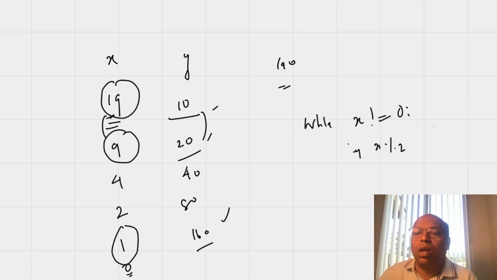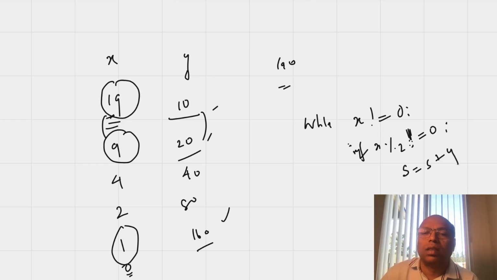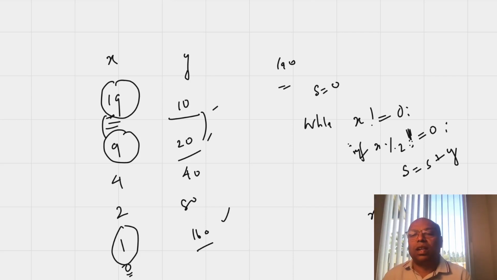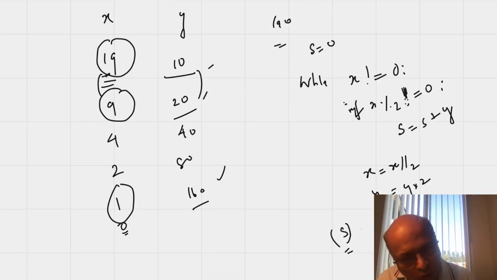If x modulus 2 is not equal to 0, then I added the y value to s. Then I divided x by 2 and multiplied y by 2. At the end, I printed the s. Okay, got it? Confident? Can I lock it?